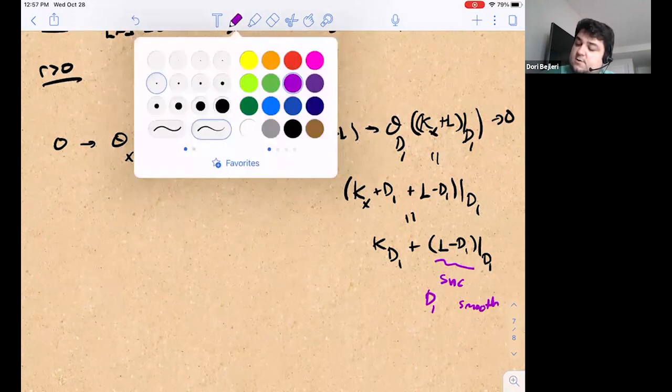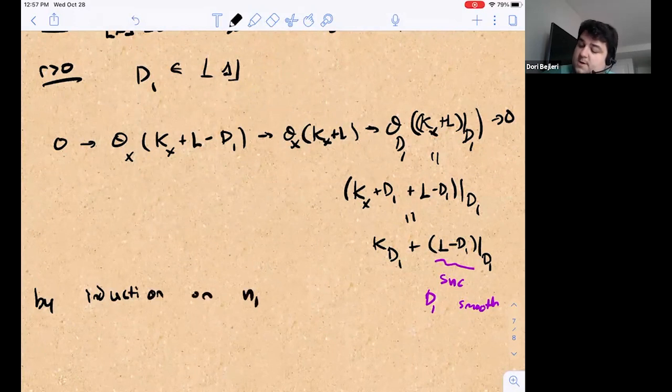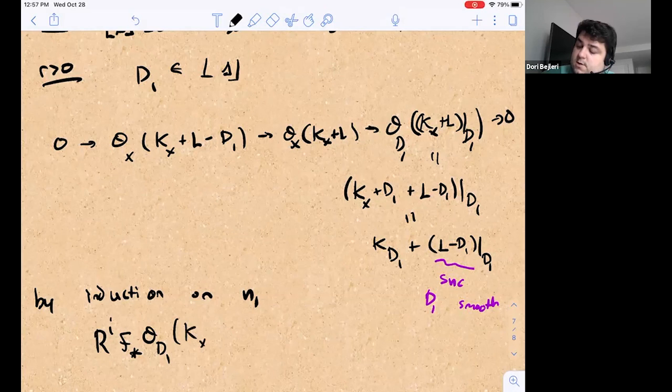And so now, by induction on dimension, we get that R^i f_* of O_{D_1} of K_{D_1} plus L minus D_1 restricted to D_1 is 0.